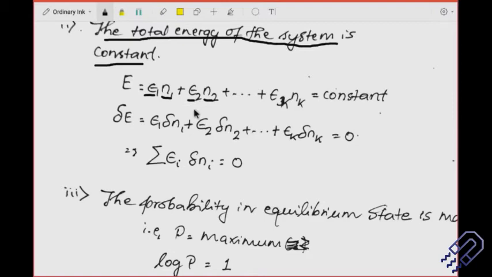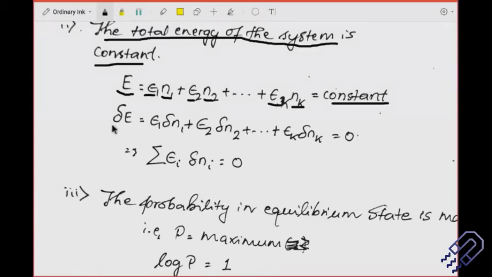So different parts of the box might have different energy, but the total energy will remain constant. The total energy would be n1 particles into energy E1, n2 particles with energy E2, nk particles whose energy is Ek, and if we add them up, this again becomes constant.